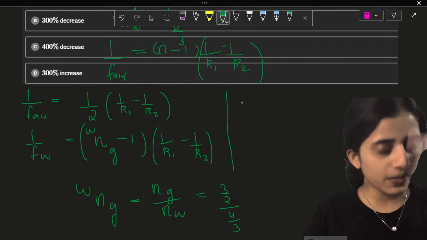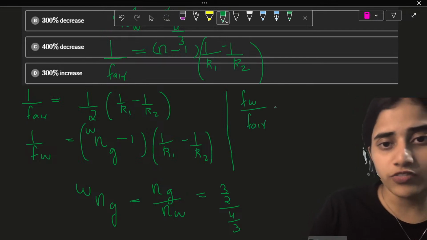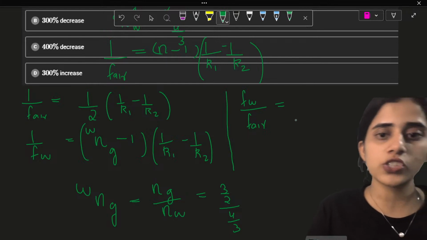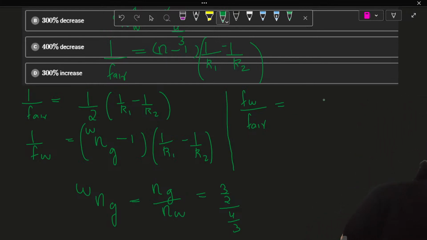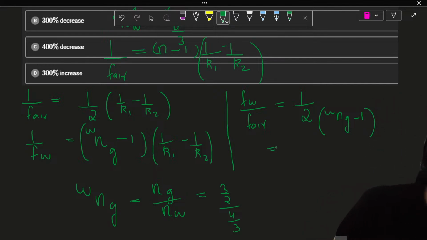So 1 by F of air by 1 by F of W will be F of W divided by F of air, which is how much? F of air first, 1 by 2 into WNG minus 1. 1 by R1 minus 1 by R2, all those will cancel because it's there in both the places.